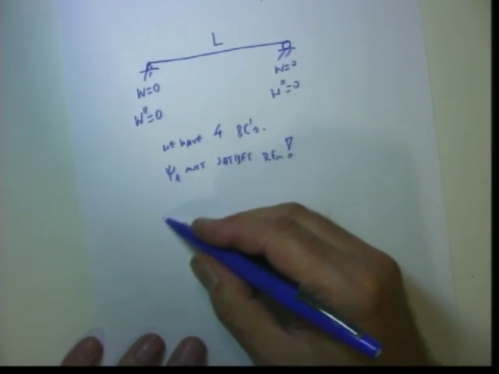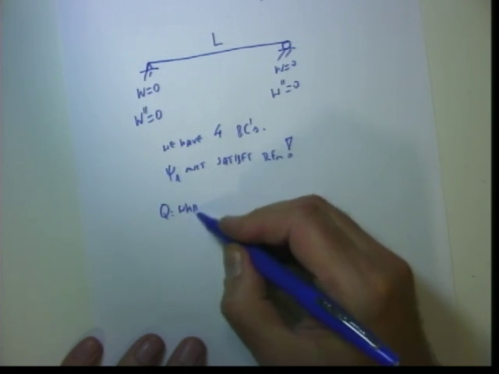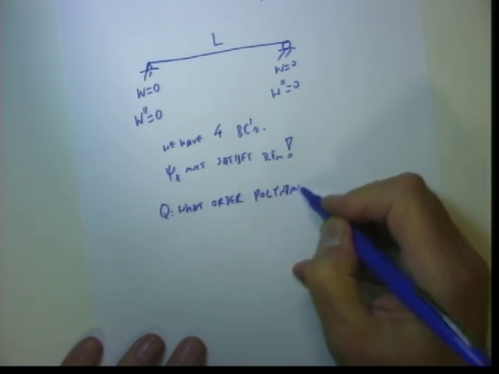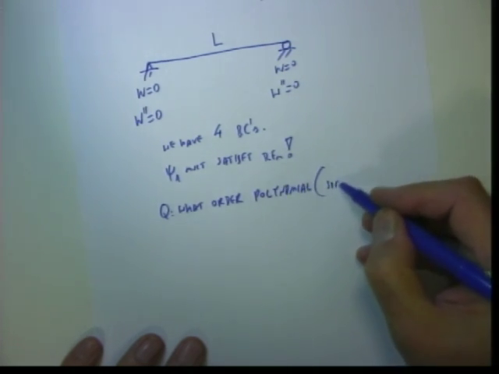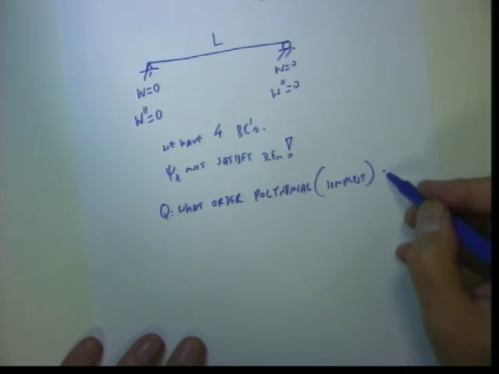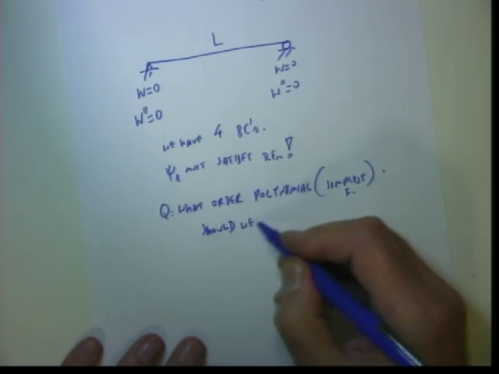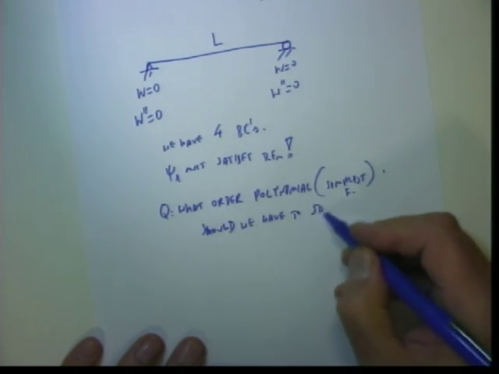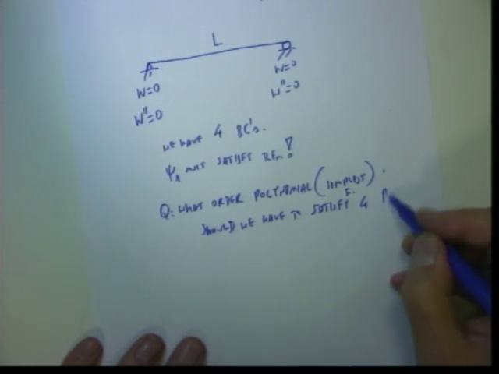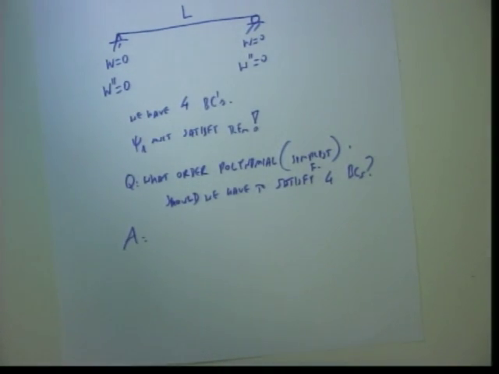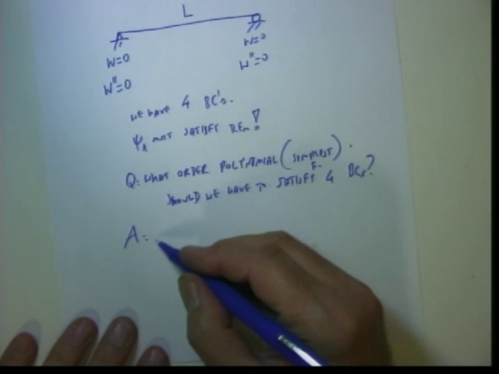So now the question: what order polynomial, meaning simplest function, should we have to satisfy 4 boundary conditions? What order of polynomial should I have? Second order? By no means. A student says second order.